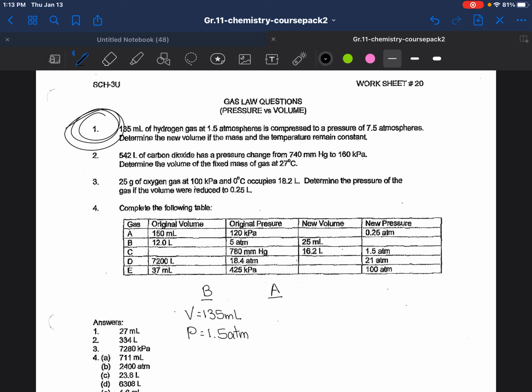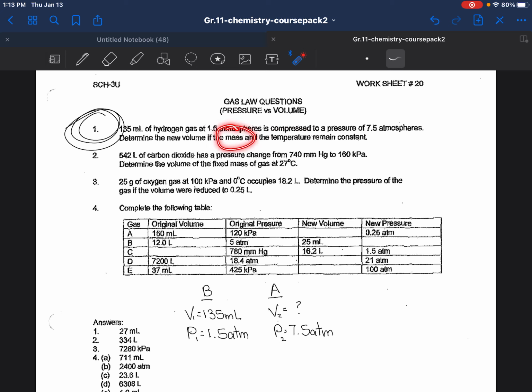Well, what happens after is that pressure is now 7.5 atmospheres. And I want to know what is the new volume. So I guess this is V1, P1. This is going to be V2, P2. And I'm looking for V2. Knowing the fact that the mass and the temperature remain constant.